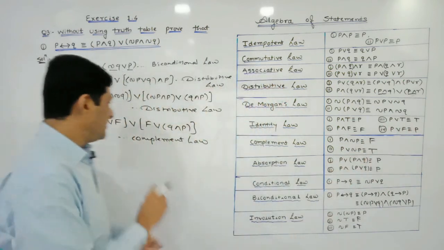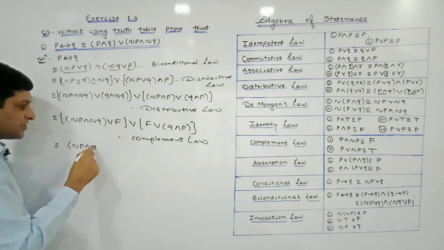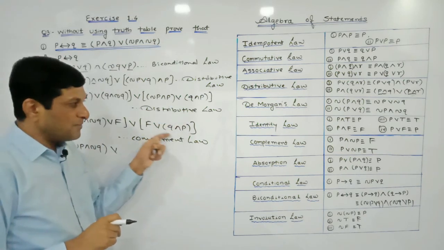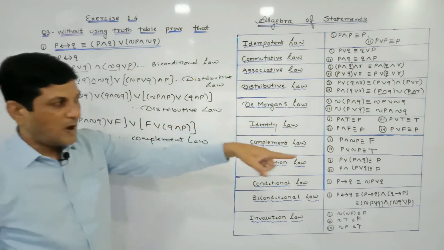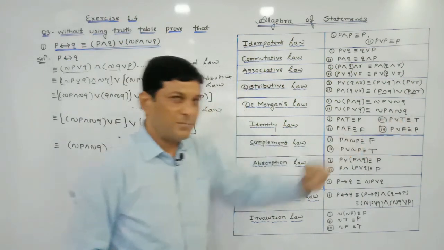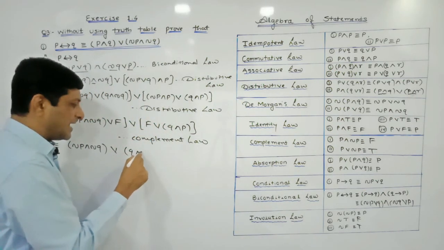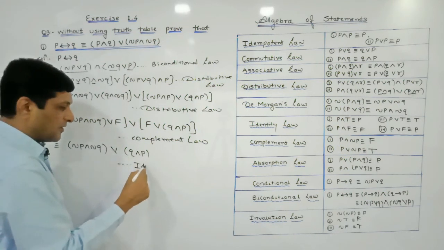It is P. P means negation P and negation Q, or keep it as it is. Again, consider this whole bracket as P, P or F. Just now we have seen P or F is P. P here is Q and P. So this result we have got applying the identity law.